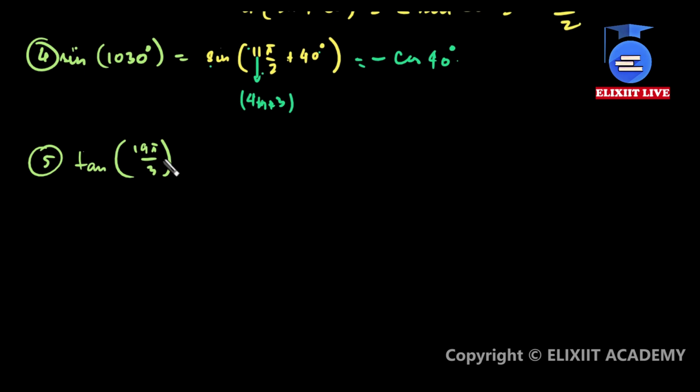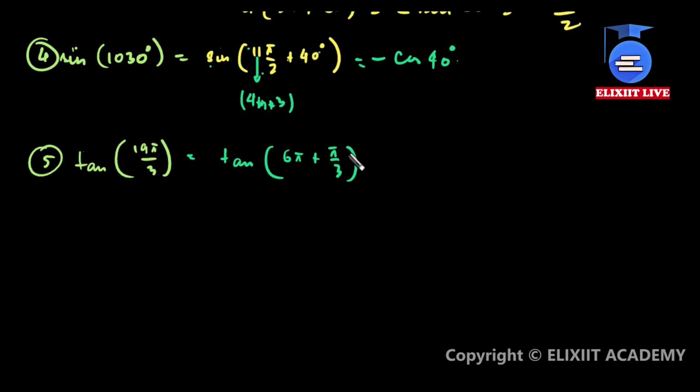Basically 19 pi by 3 we can say is actually tan of 6 pi plus pi by 3. Isn't it? Over here we have 18 pi plus pi, that is 19 pi by 3.